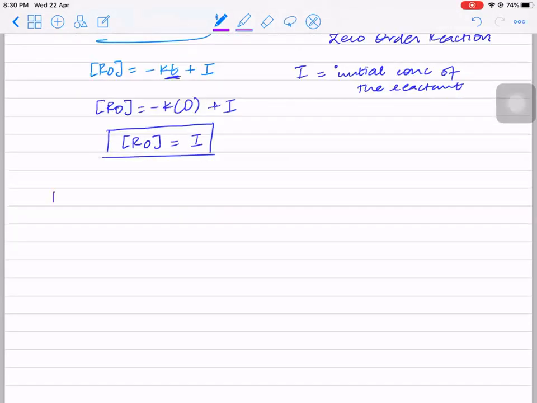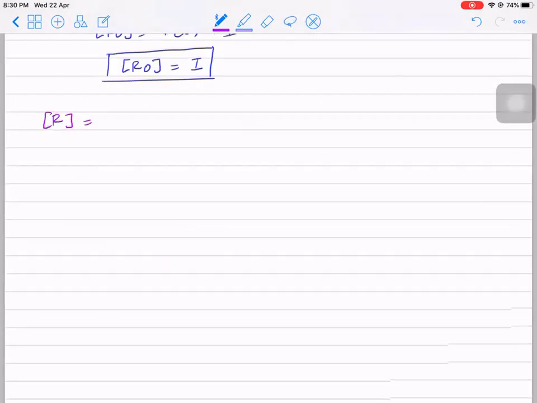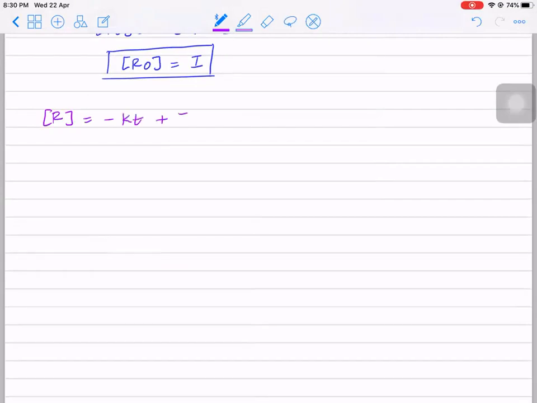Now, what was our equation? It was R equals -kt + I. What is I? I is R naught, or the initial concentration.